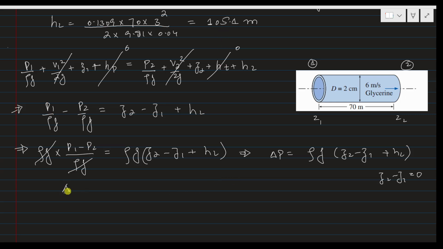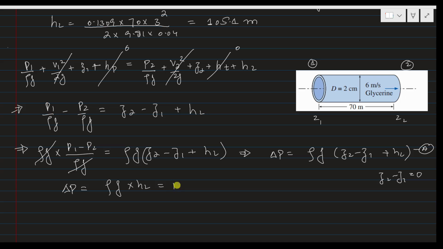So the pressure difference in case of the horizontal pipe is equal to rho g. This is a generic formula. Z1 and Z2 are the same from the ground level, so that is why it will be 0, and then this rho g will be multiplied with head loss. So what is rho?